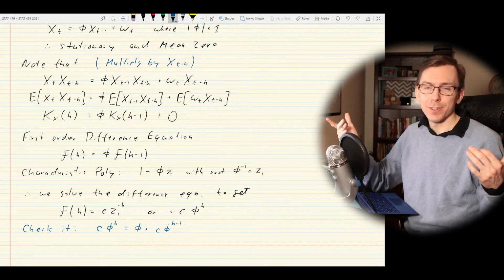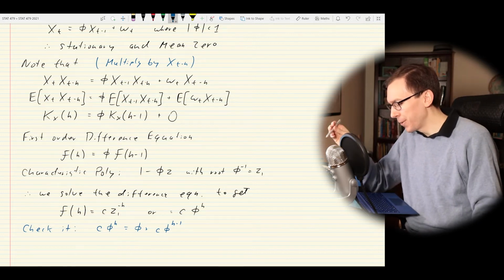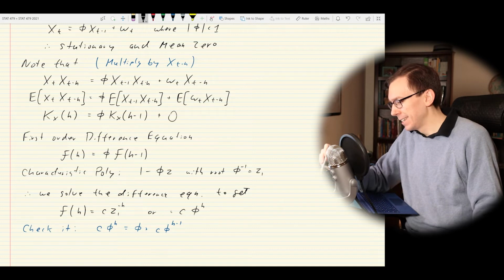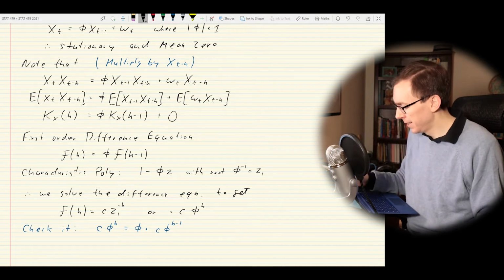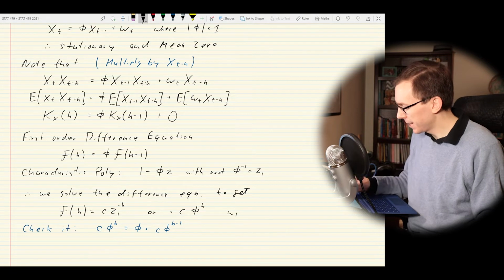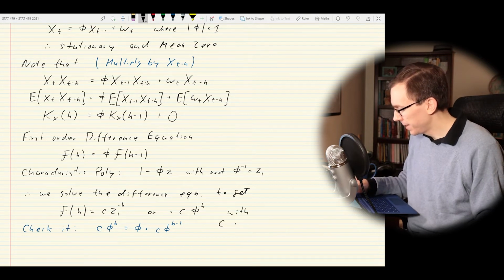Sure enough, the two sides are equal to each other. So this is the solution to this first order difference equation, with c any sort of constant.